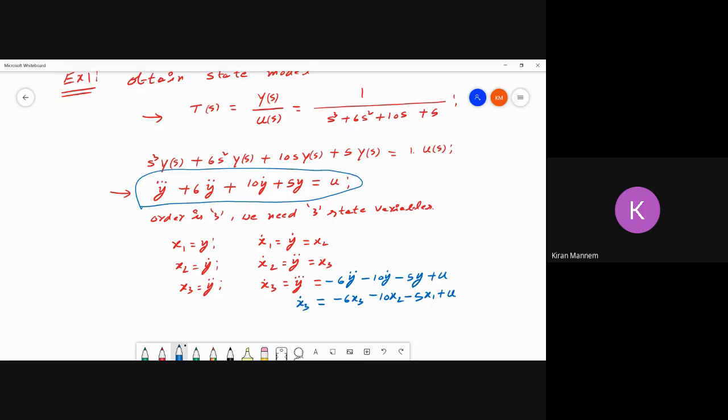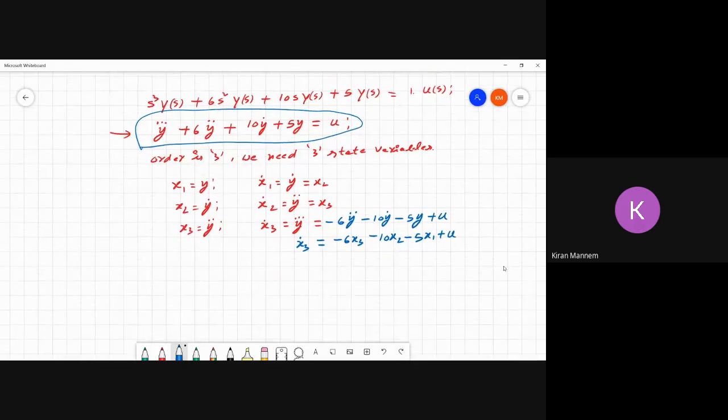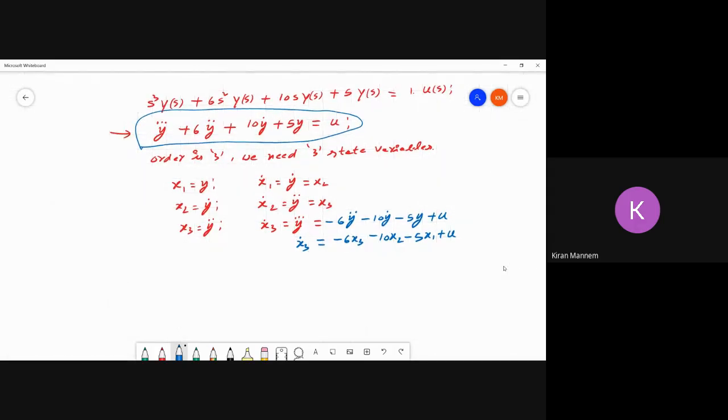I think now we can put it in the matrix form and we'll obtain the state model. So what is the state model? Putting the parameters using the state model equations. What are the state model equations? x dot of t is equal to A into x of t plus B into u of t.